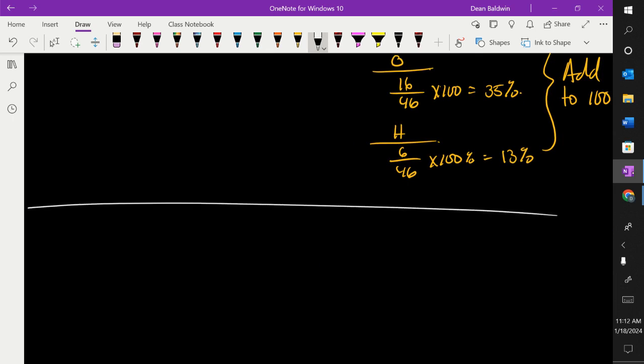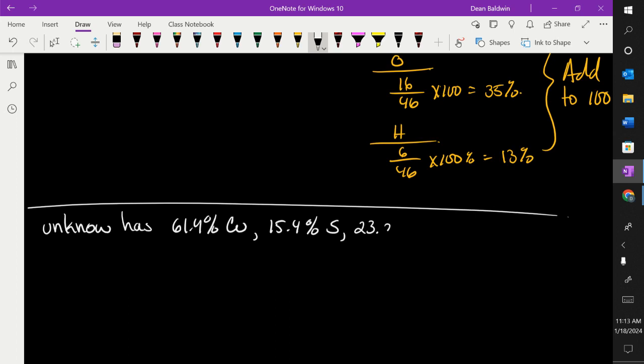An unknown has 61.4% copper, 15.4% sulfur, and 23.2% oxygen. What's the empirical formula?